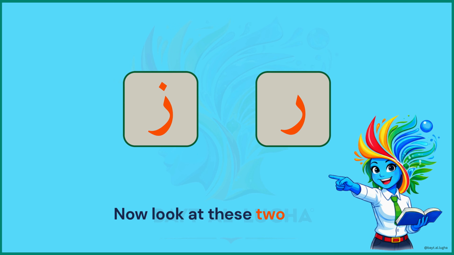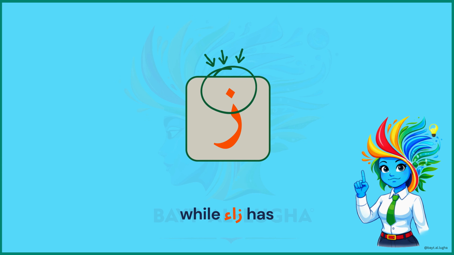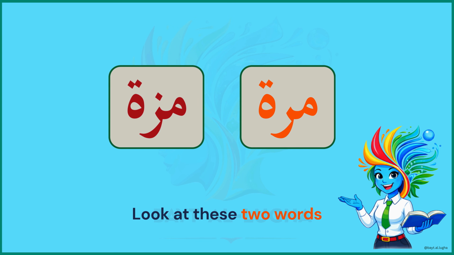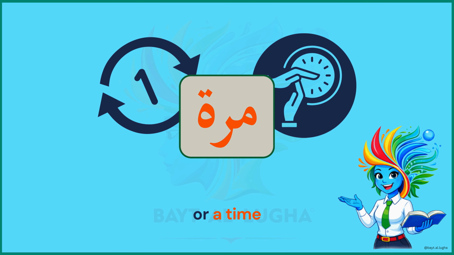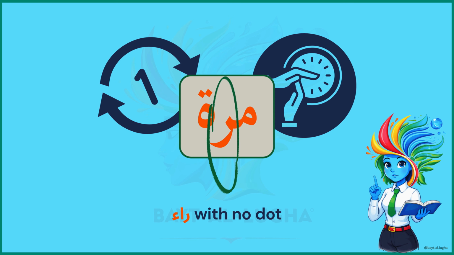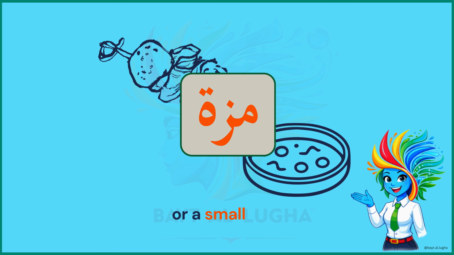Now look at these 2 letters. Ra has no dot, while za has one above it. Look at these 2 words. Marra, which means once or a time, carrying ra with no dot, while mazza, which means an appetizer or a small dish.